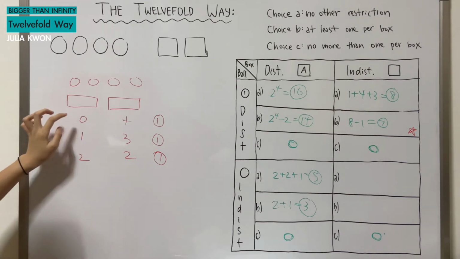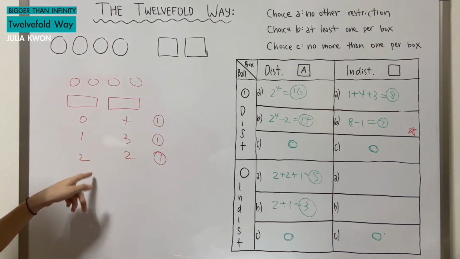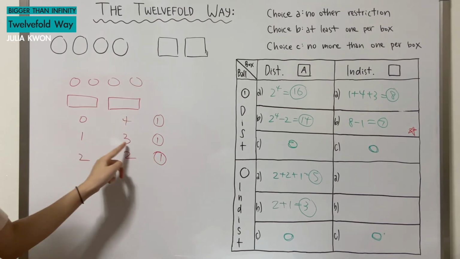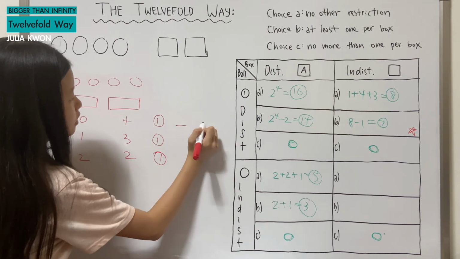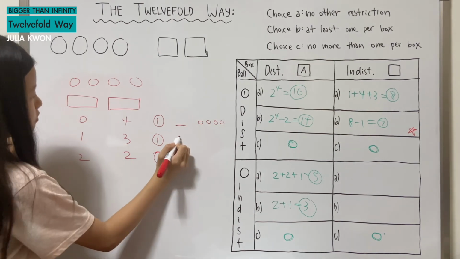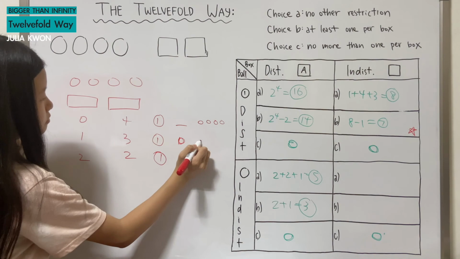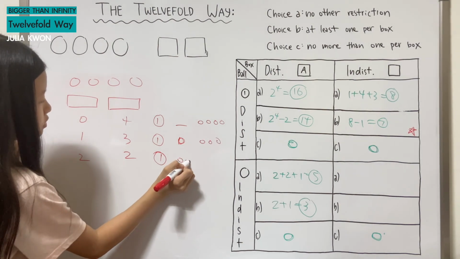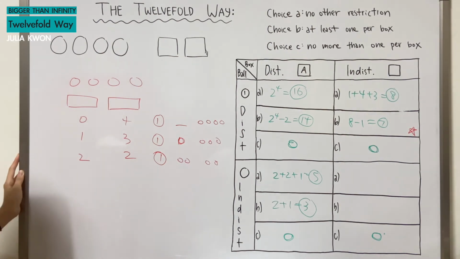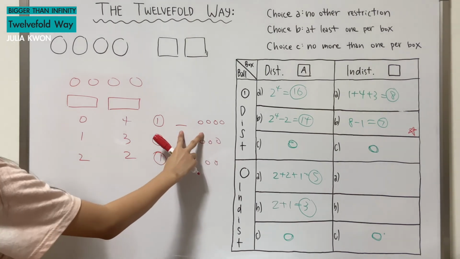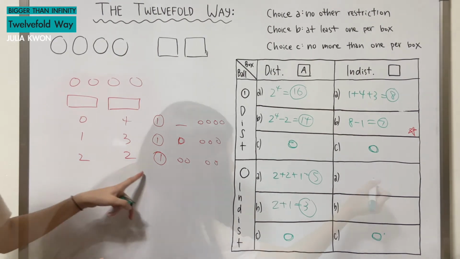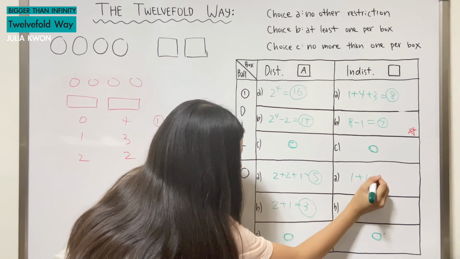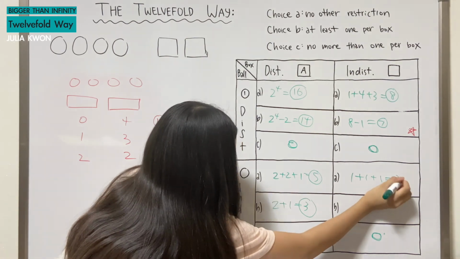It doesn't matter that it can switch because the boxes are also indistinguished. So that will be 1 plus 1 plus 1, which is equal to 3.